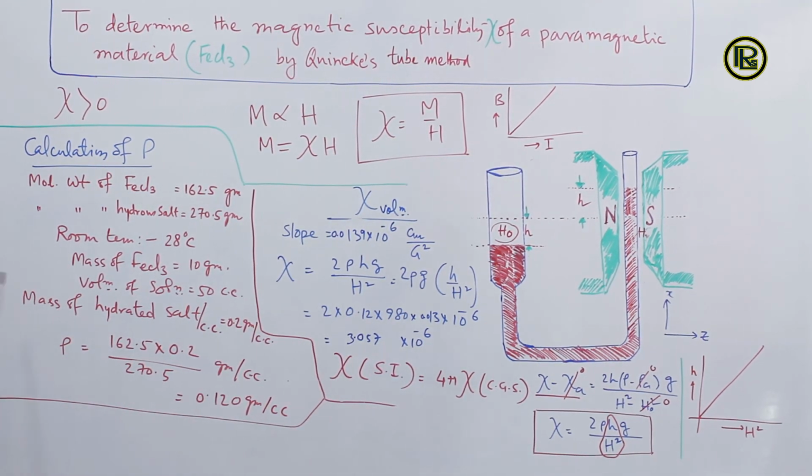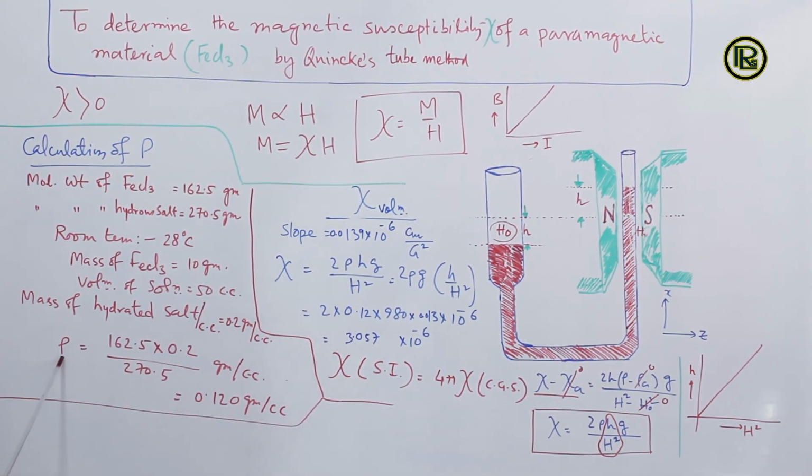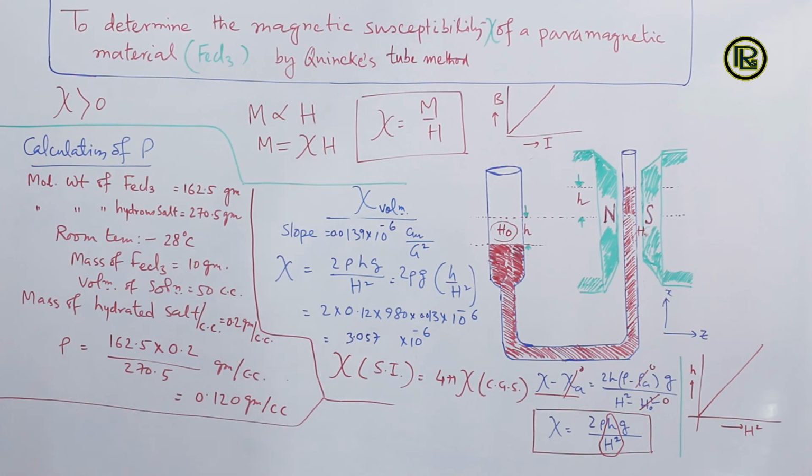Therefore, the mass of hydrated salt per cc is 0.2 gram per cc, and the density rho is equal to 162.5 into 0.2 divided by 270.5 is equal to 0.120 gram per cc.